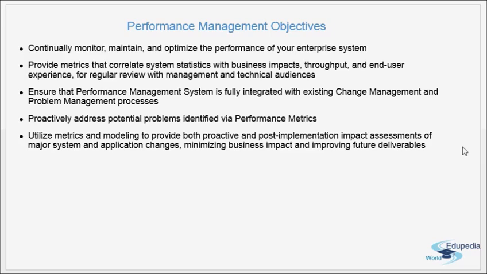I'm talking about the process overview, the objectives of performance management. Then you have to proactively address potential problems identified via performance metrics. You collect the metrics, then you have to proactively address what potential problems are there.